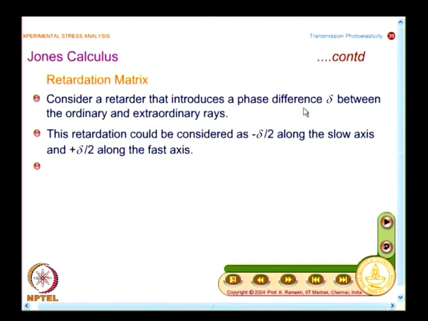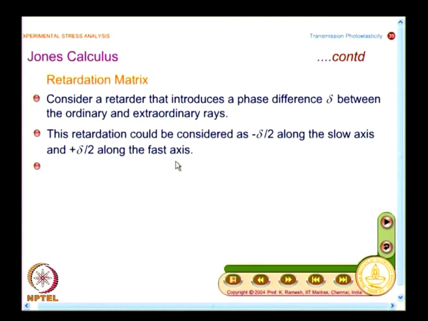How do we introduce this delta? This can be written down in many different ways, and I said that retardation could be considered as minus delta by 2 along the slow axis and plus delta by 2 along the fast axis.